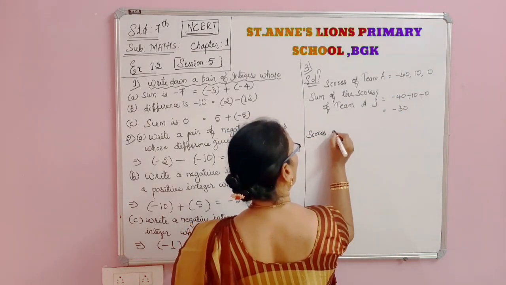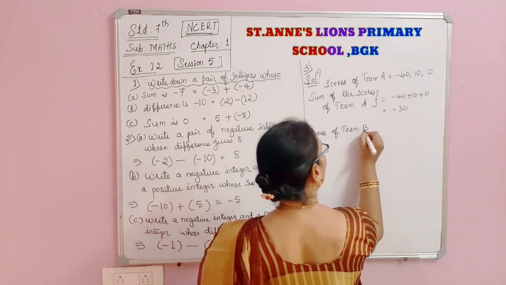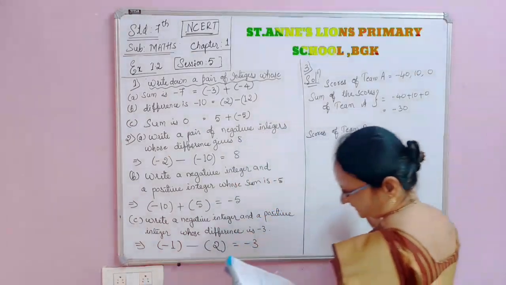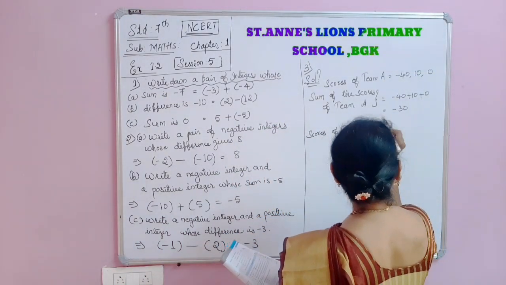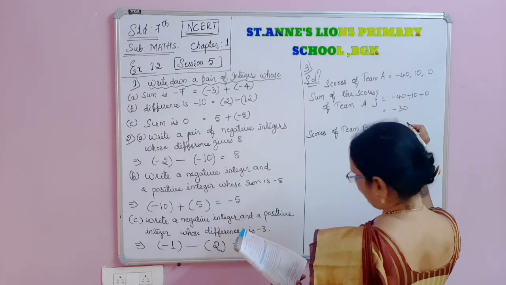Scores of team B. What are the scores of team B? 10, 0, -40.